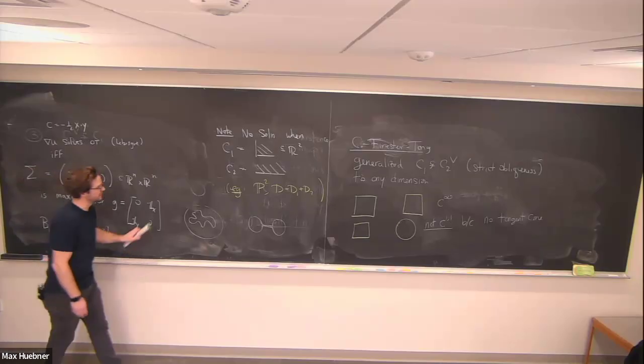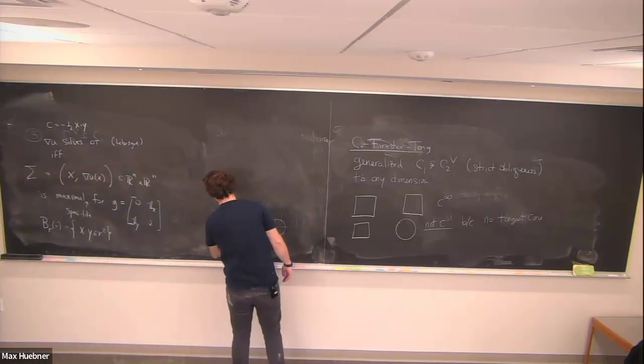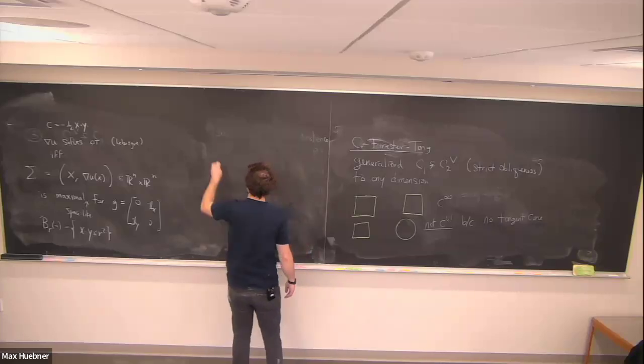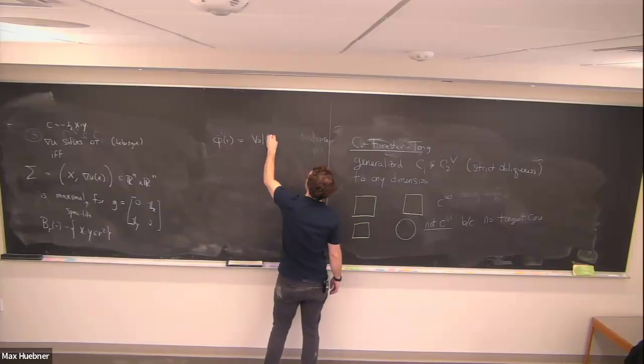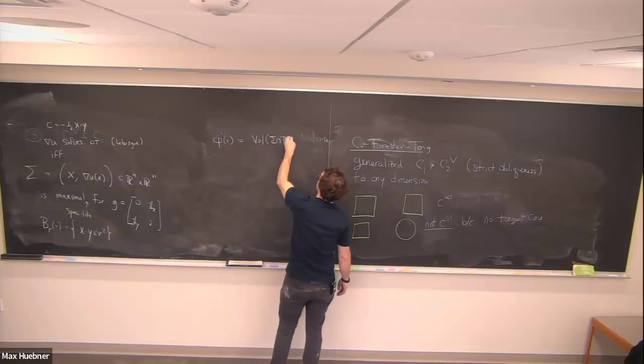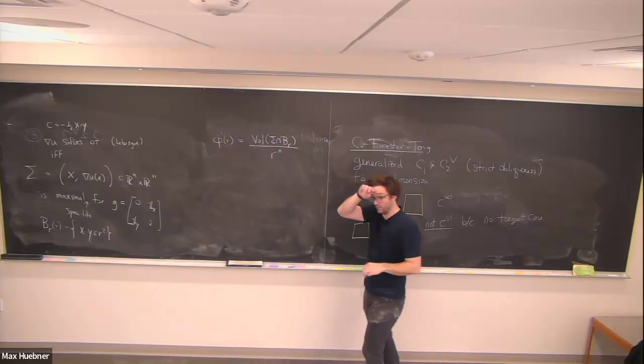And you can look at the standard volume ratio: the volume of the graph in B_R divided by the expected volume.